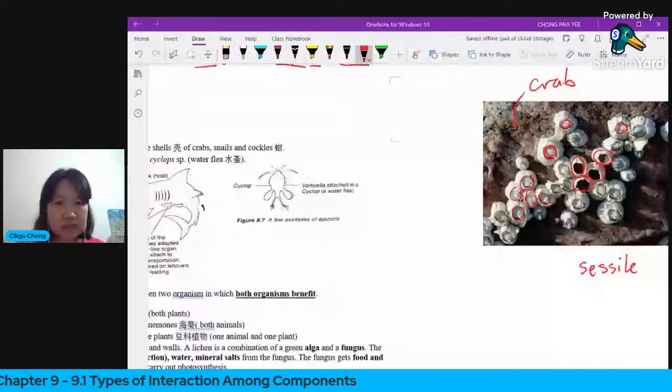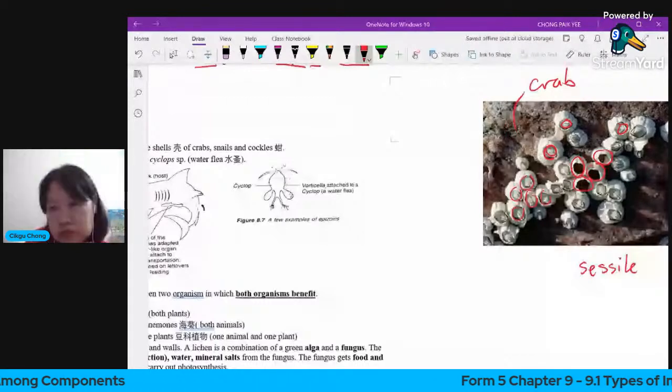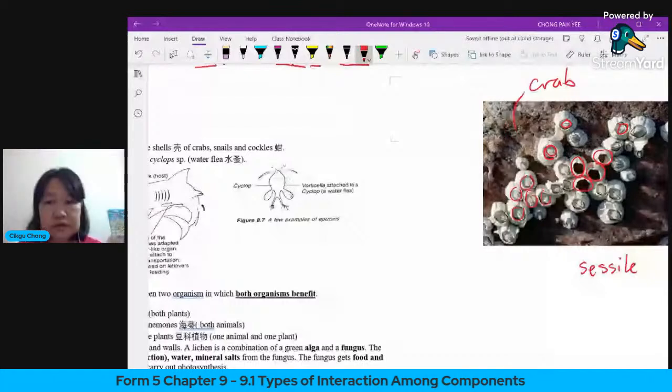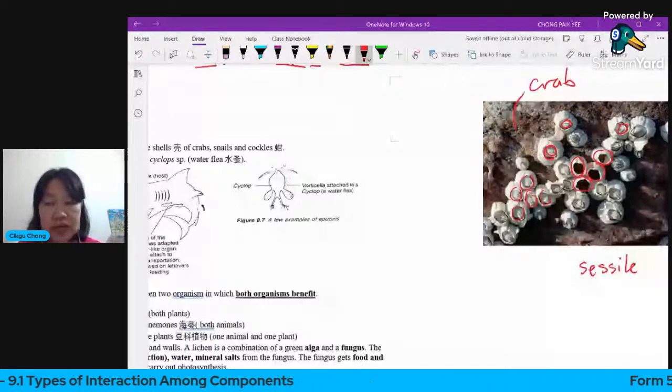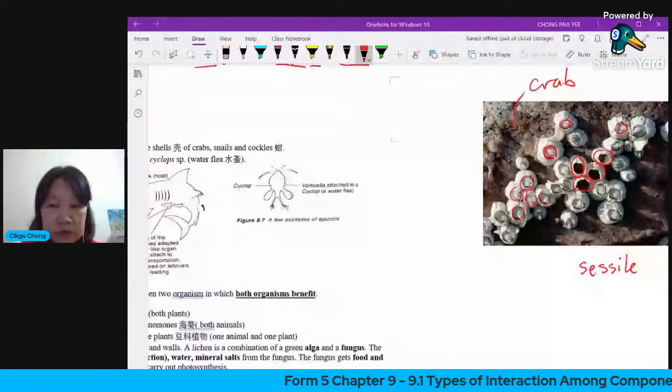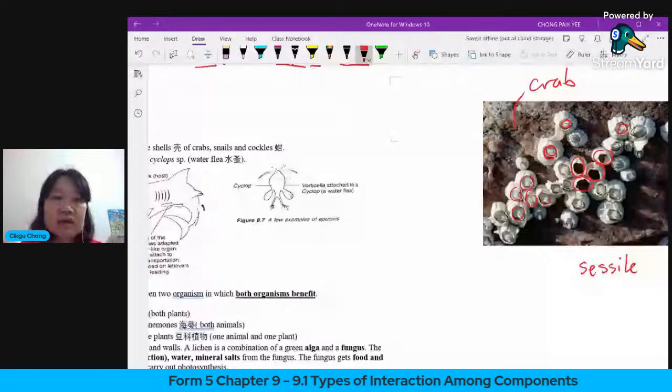This is the protozoa that produces the cellulase. You need cellulase to break down cellulose. So the termite has to depend on the protozoa to digest its cellulose. Without the protozoa that produces cellulase, even though the termite eats the wood, it cannot get nutrients from there.